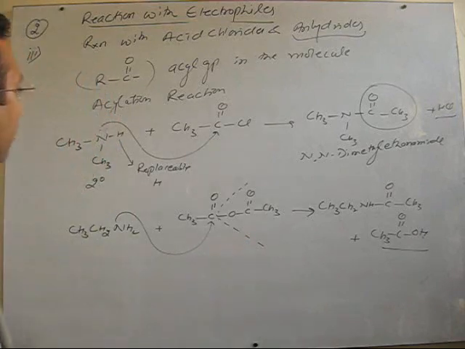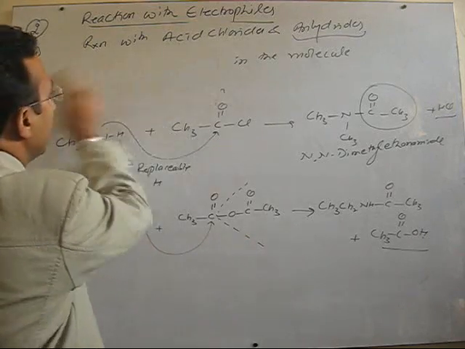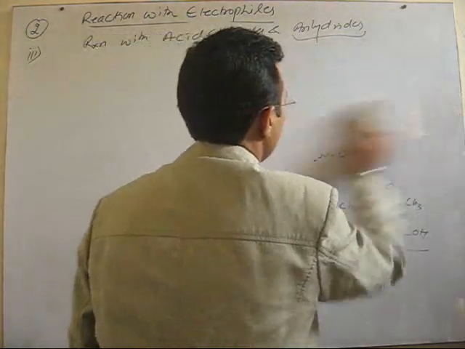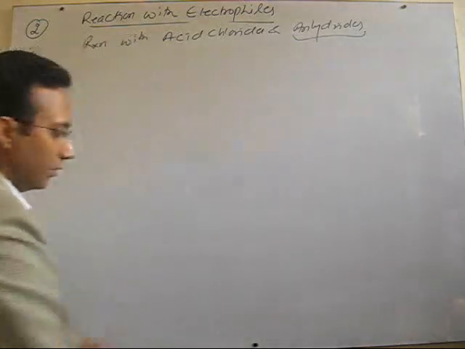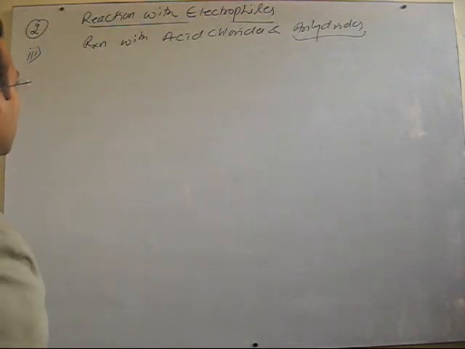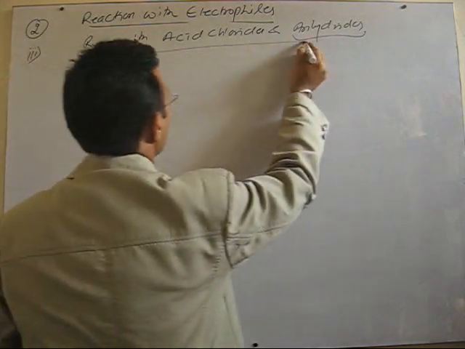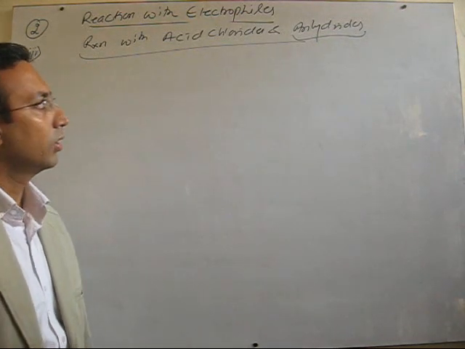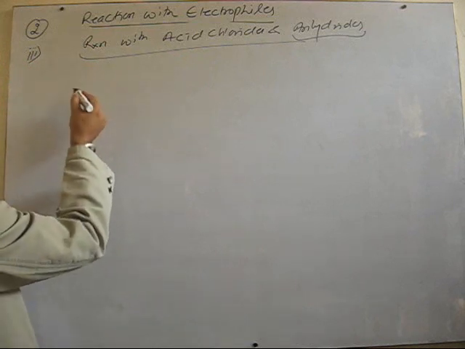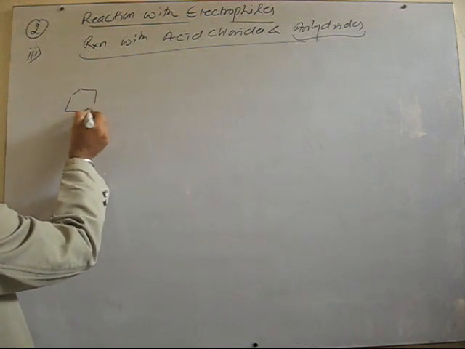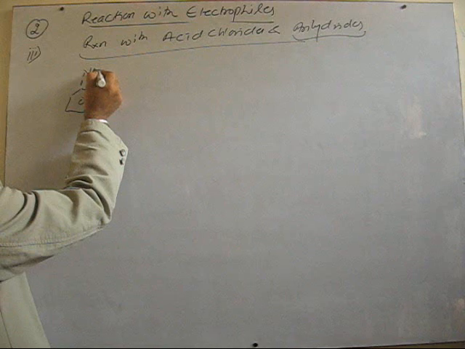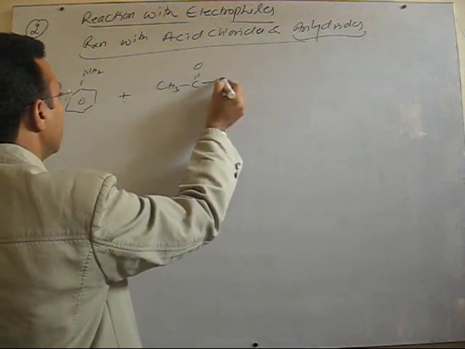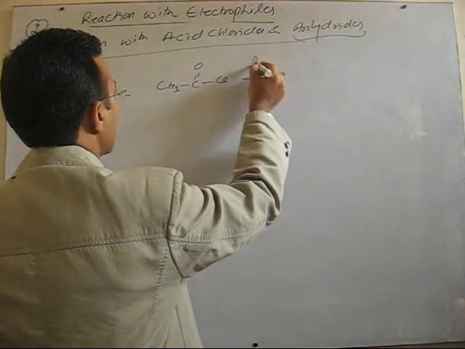Fine. Now, the same reaction can also take place in aromatic amines, but that reaction takes place in the presence of certain bases like pyridine. We'll discuss its reason. For example, we have here aniline reacting with acid chloride in the presence of pyridine.